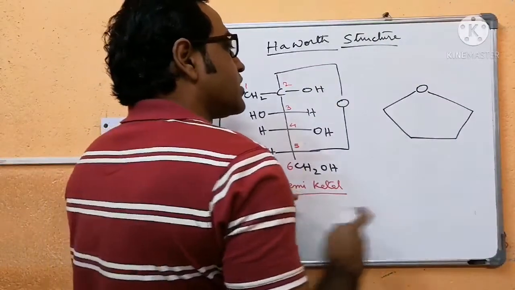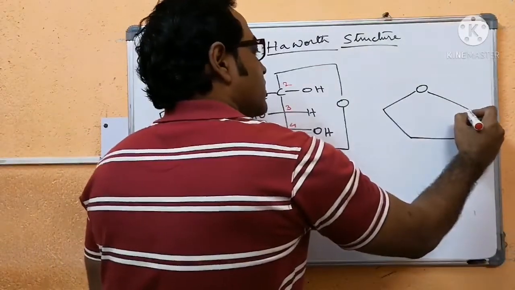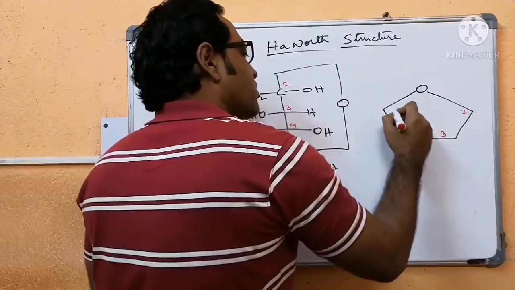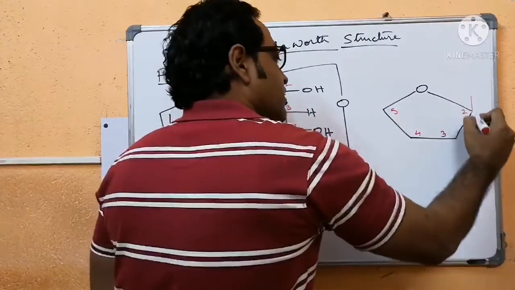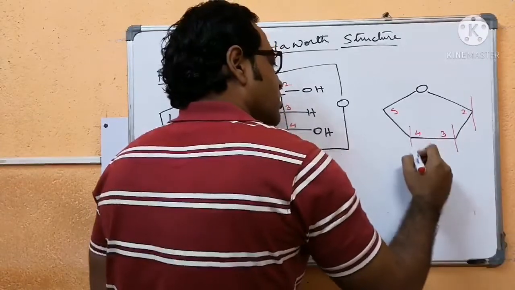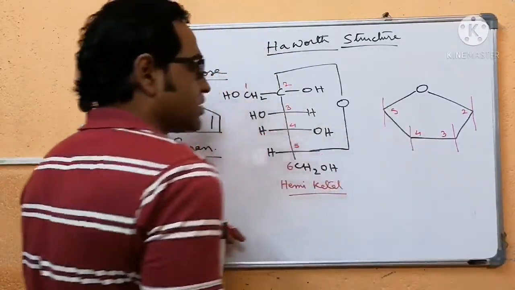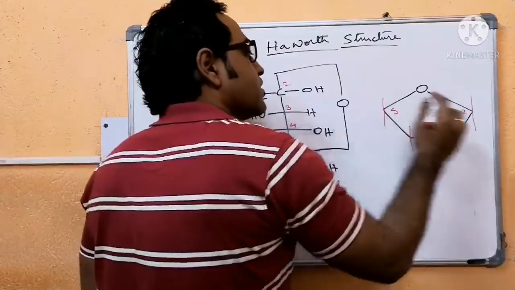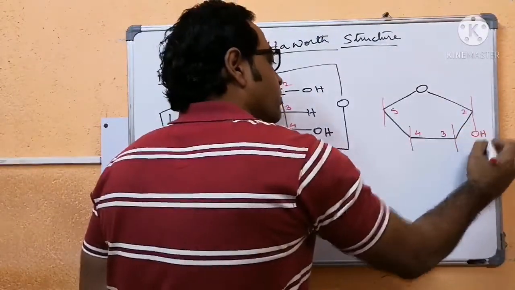So this one is your C2 carbon, 3, 4, 5. Like this. So on C2, OH is on the right, so it will be below.